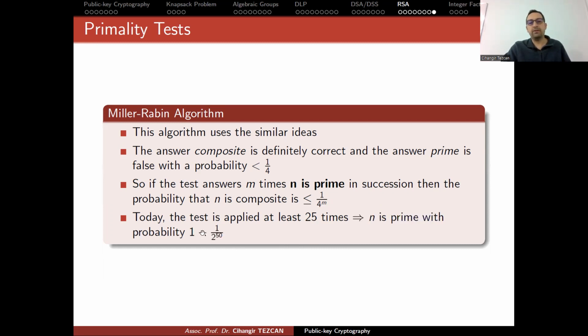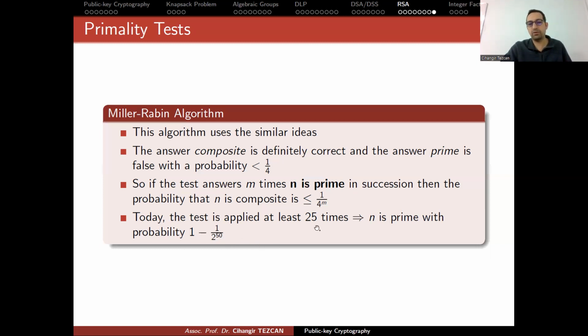If the test is applied 25 times and every time the algorithm says it is prime, then it is prime with probability 1 minus 1 over 2 to the power 50, which is a very huge probability, something like 0.9999.